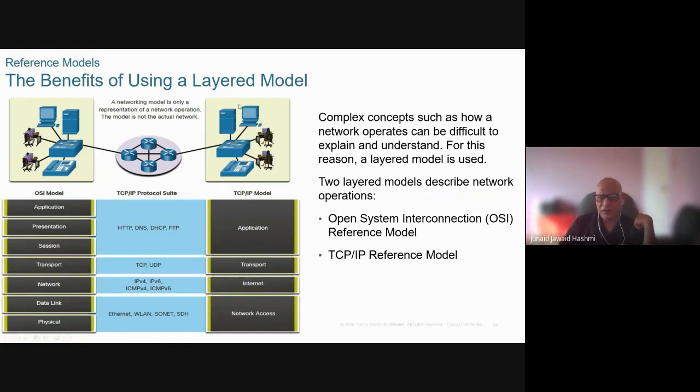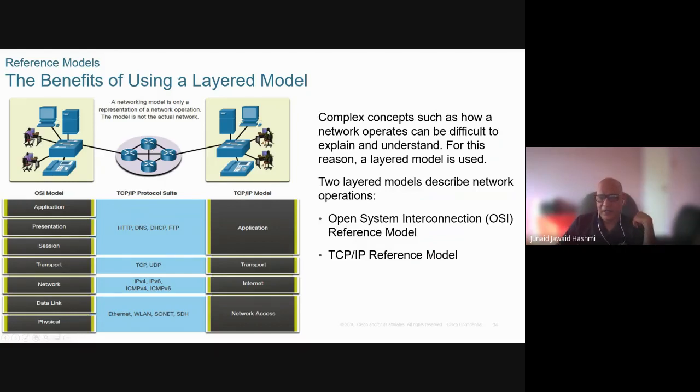If you see, there are two networks. This is one network, and this is another network. You have different devices in each network: an end device, which is the desktop, a server, a switch, and an IP phone, using different softwares. Then you have routers connecting these two networks. A router is also a unique device.